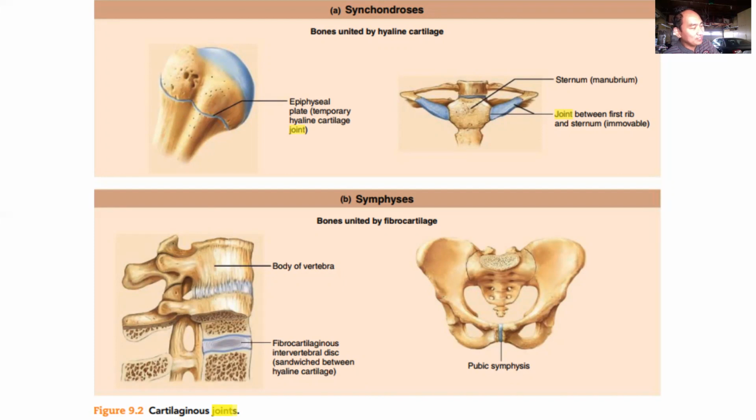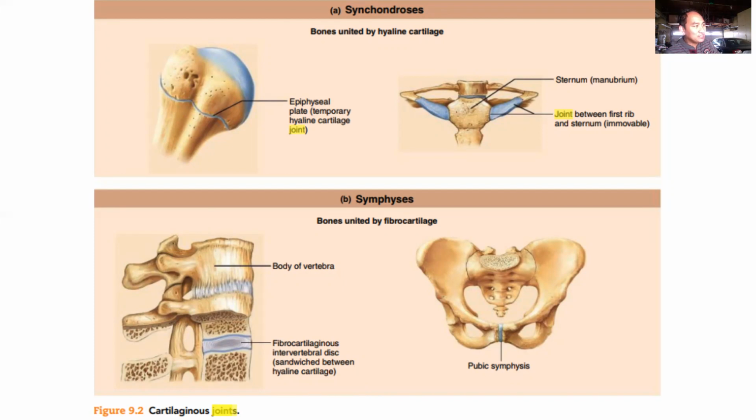The same thing on the rib, where the collarbone, the clavicle, comes and attaches to the sternum, our chest bone, and that is also a cartilaginous joint.